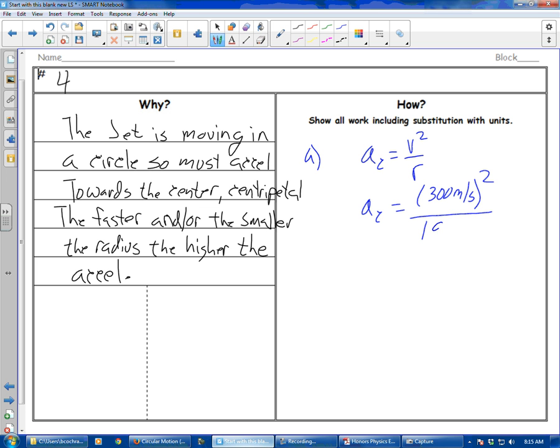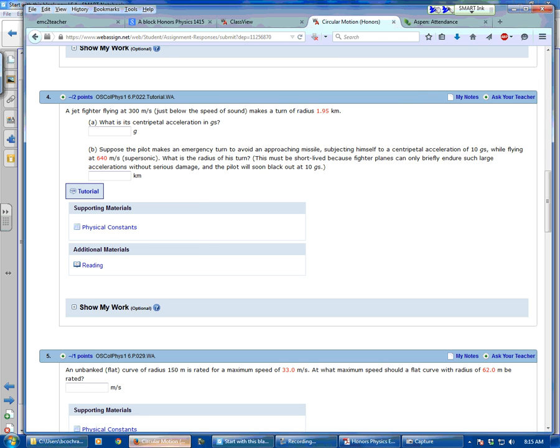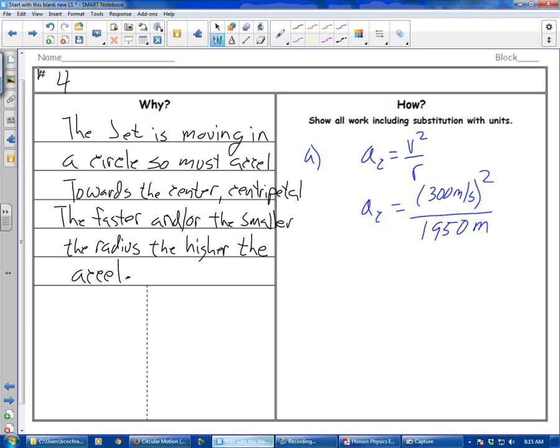My R is 1,950 meters, which is 1.95 kilometers. I'm going to find a value for AC in meters per second squared. Once I do the math there, I want to put it in bundles of g. So I'm going to divide it by the value of g, 9.80 meters per second squared, and I'll get my answer in how many g's that is.